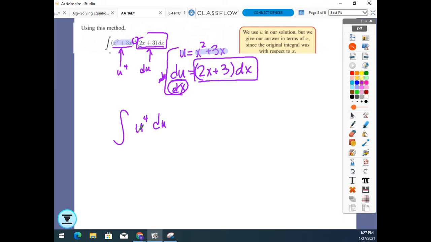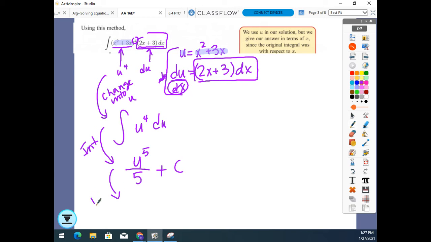When we integrate u to the fourth, use your power rule, add 1 and divide, plus c. So we change into u, integrate, and then we go back to x.